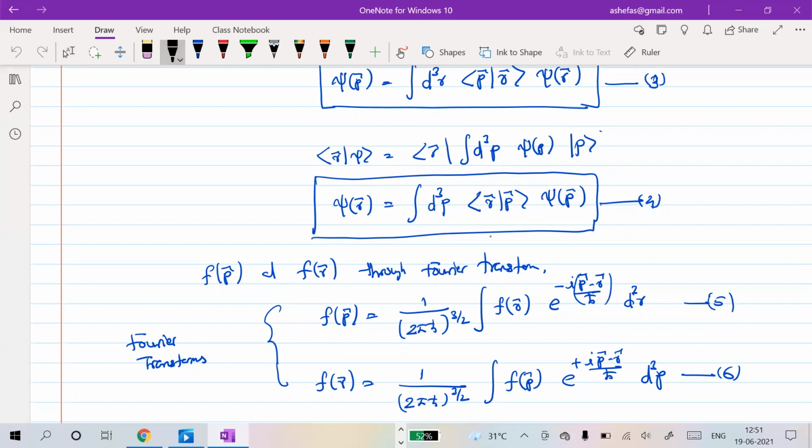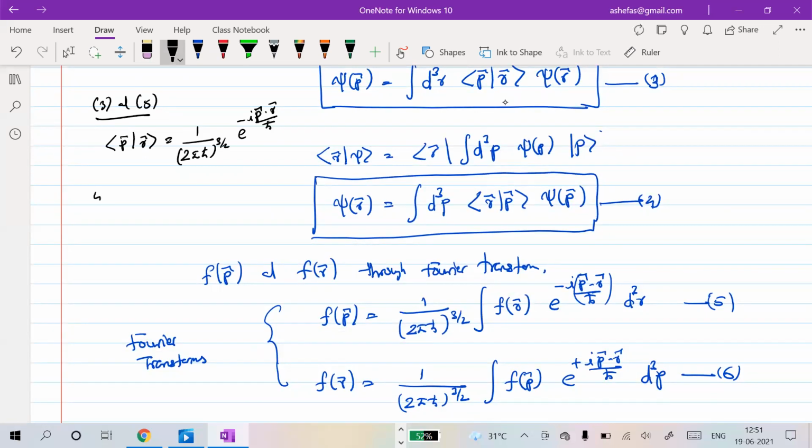So we can compare equation number 3 and equation number 5, and we can identify the inner product ⟨p|r⟩ as nothing but 1 by (2πħ)^(3/2) e^(−i p·r/ħ).